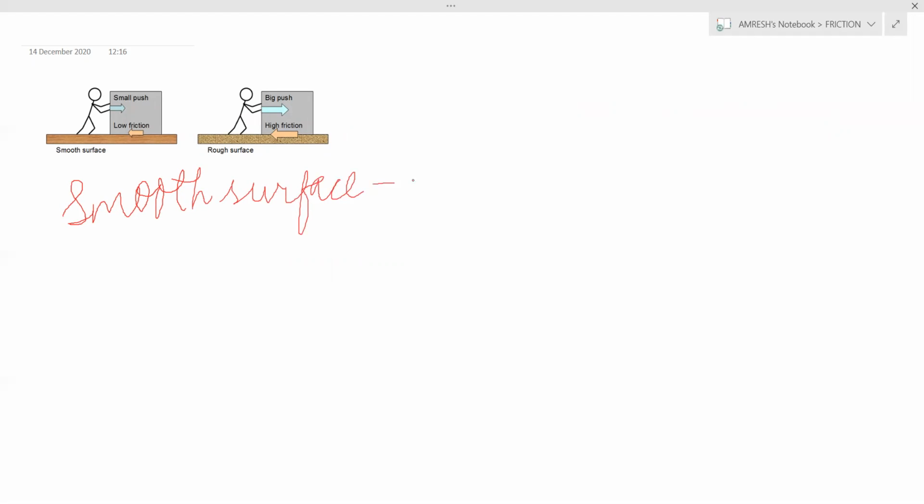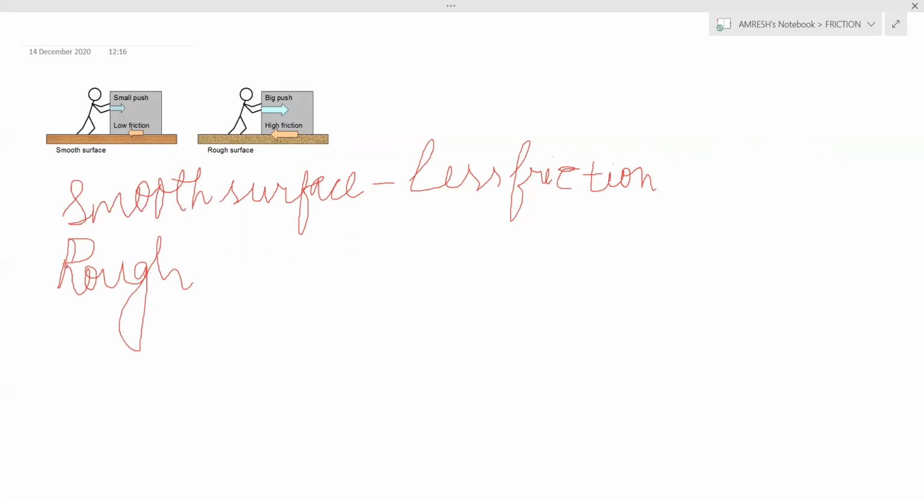Smooth surface has less friction, and rough surface, this is R, rough, has more friction.